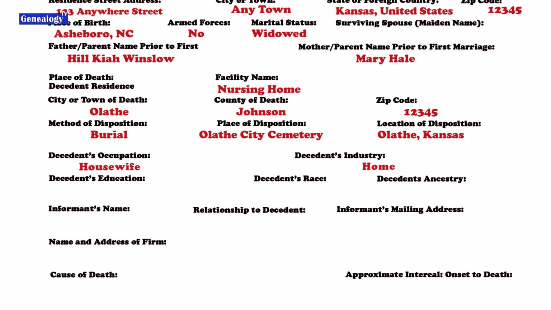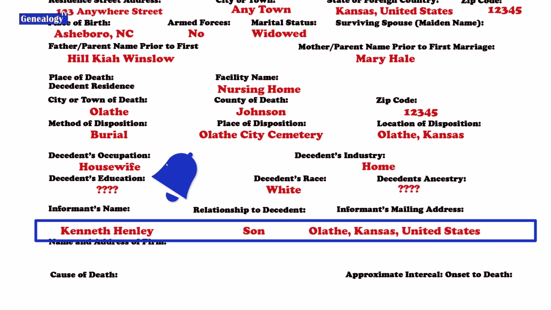The next section talks about occupation and industry, and this is something I hadn't seen before. Education and ancestry. Now, I see race on them all the time, but the decedent's ancestry I thought was kind of interesting. We also have the informant's name, and bingo, this is information that we can use. In this case, this was a son and where he's located.